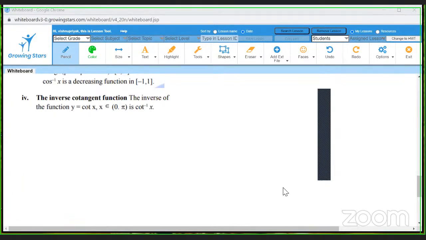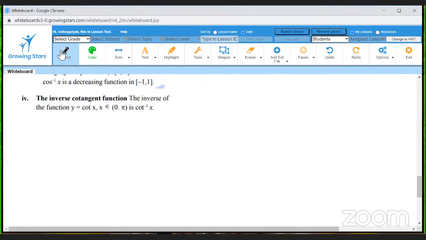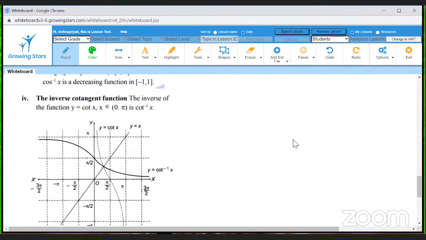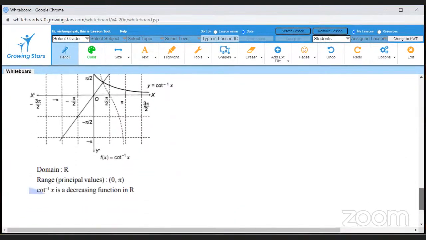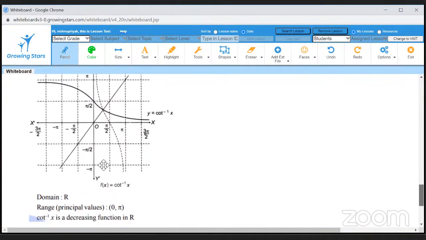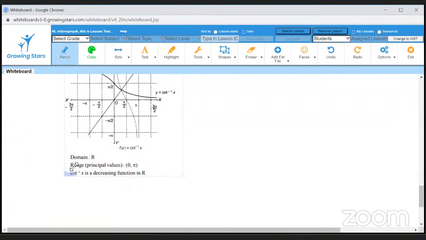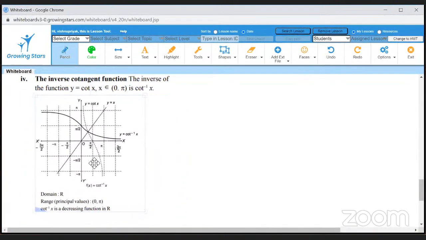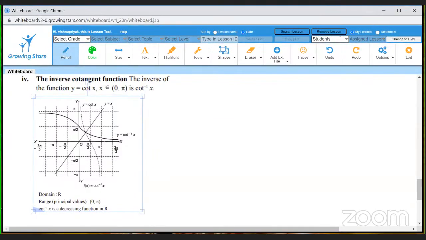In each one, if you see cot inverse, I have given you the cot x graph, the cot inverse x graph. I have given you the domain, range, and I even told you whether it is increasing or decreasing. So all information needed is given in this small part.